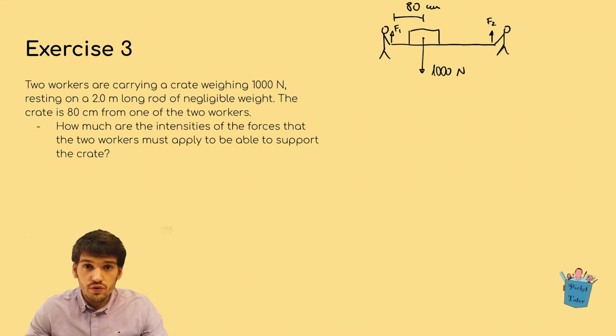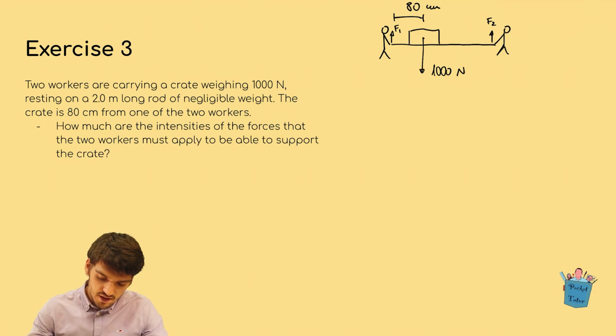In order to compute them, we need to calculate their momentum, and in order to do so, we need to identify a single point that acts as our rotation point. And in order to simplify the problem, we can put the point in one of the two locations of the workers.